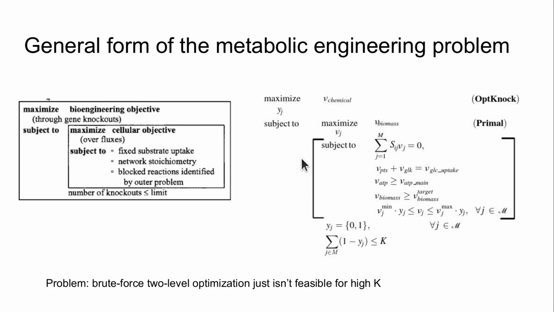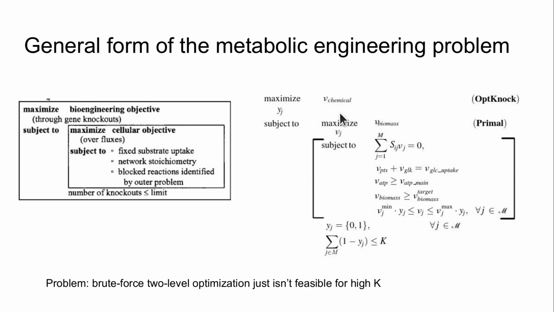As a linear program, if we're going to be a little bit more mathematically formal about it, it looks something like this. So we have our inner problem, which is a standard FBA problem, which is what the cell is sort of trying to solve. And then we will have to do a bunch of solutions for that in order to identify the optimum value here that satisfies our objective.